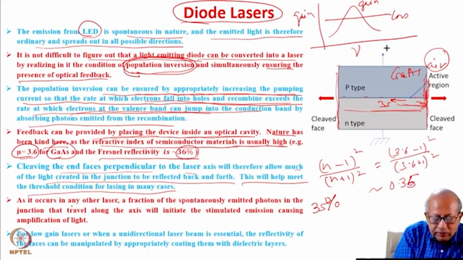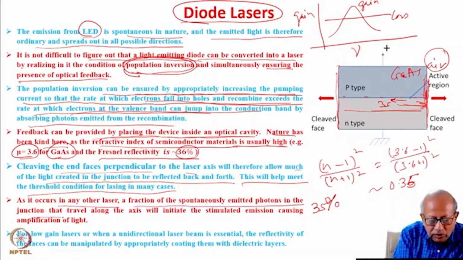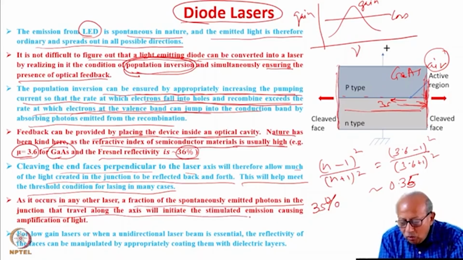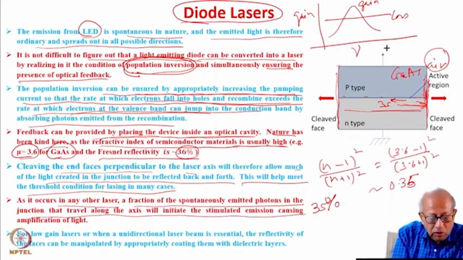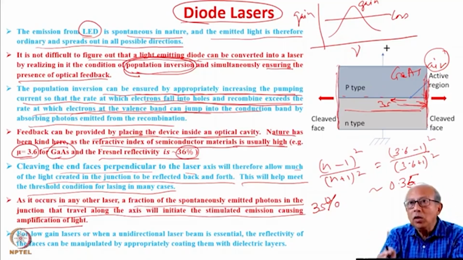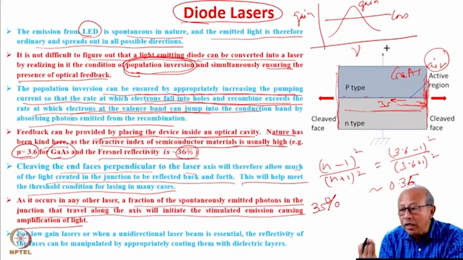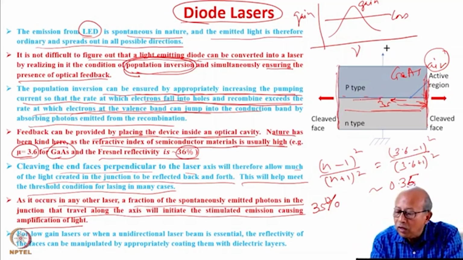As in any other laser, a fraction of the spontaneously emitted photons in the junction that travel along the axis will initiate the stimulated emission, that is, will seed the stimulated emission, causing amplification of light. You now know very well that the stimulated emission is seeded by the spontaneously emitted photon which travels along the axis.